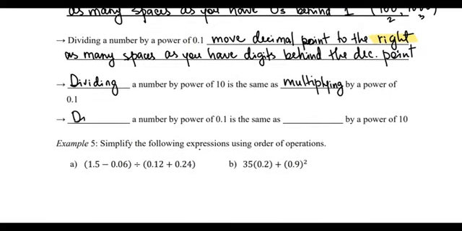So again, dividing a number by a power of 0.1 is the same as multiplying by a power of 10.